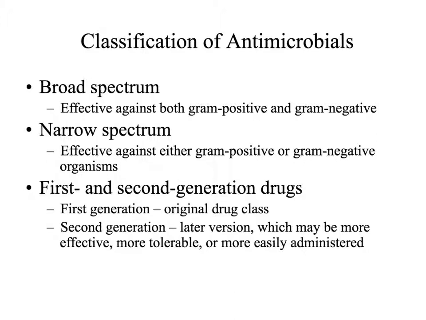The problem with giving the broad spectrum when you can use a narrow spectrum is that eventually a lot of bacteria within our community will be exposed to a lot of different antibiotics and will get more and more resistance. So we want to use narrow spectrum as much as possible, and especially for mild infections, and save our broad spectrums for when we're not sure what we're dealing with and when we're having very severe infections.